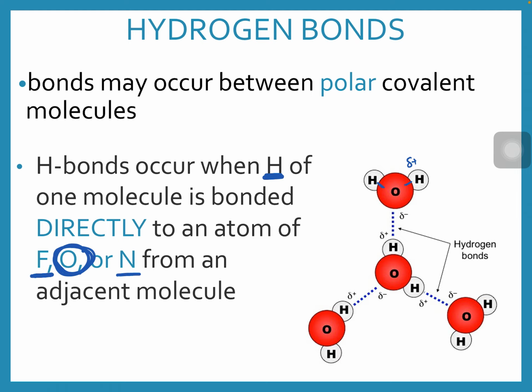And that creation of those slightly positive and slightly negative, or partially positive and partially negative regions, will create an attraction to the opposite partial charge. So the partially negative charge on the oxygen is attracted to the partial positive charge on a hydrogen from a neighboring molecule of water.